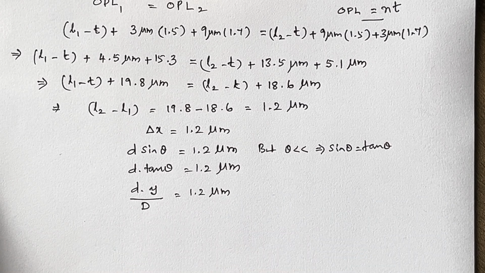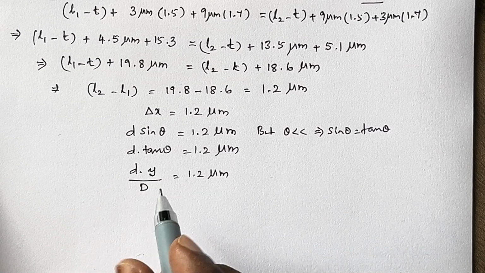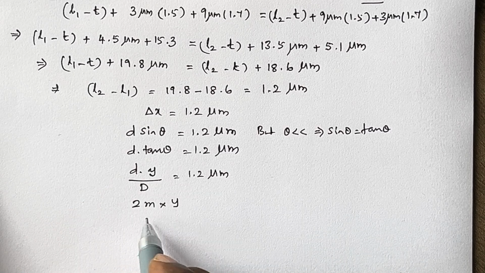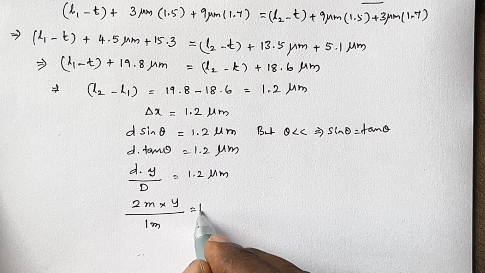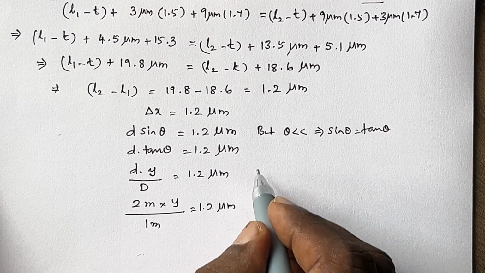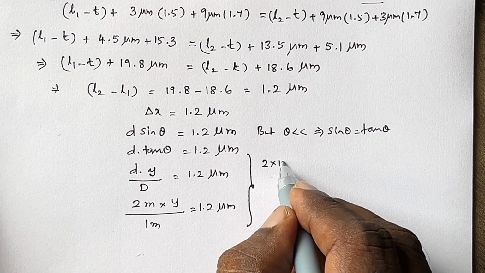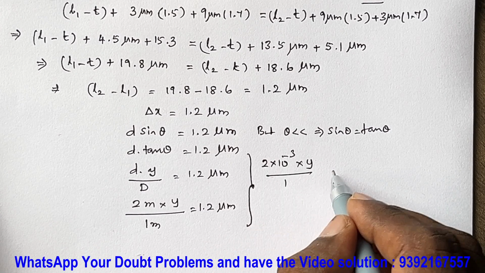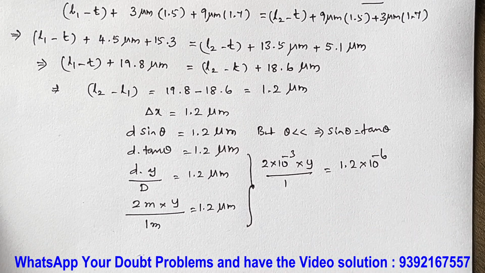Y we have to calculate. Then small d value is 2 millimeter given, into y, capital D is equal to 1 meter. So this millimeter I will convert, and 1.2 micrometer. So all conversions I will do. 2 millimeter into y by 1 meter is equal to 1.2 micrometer.